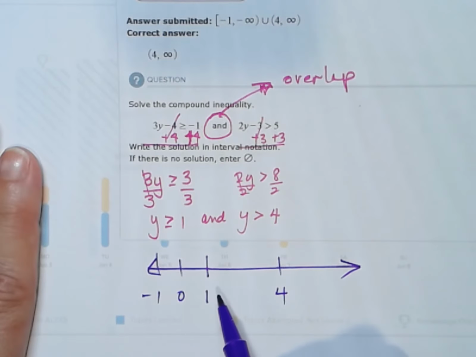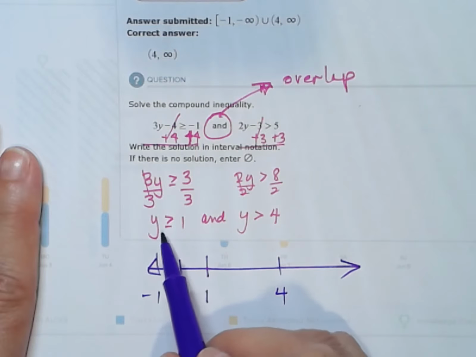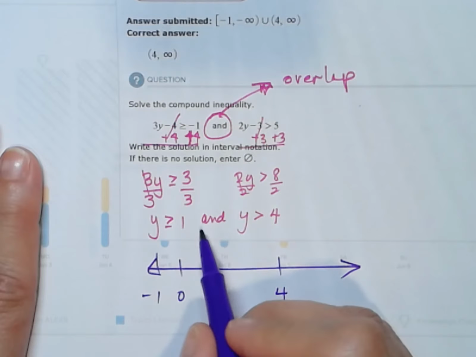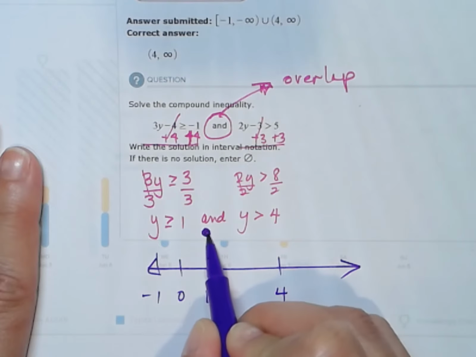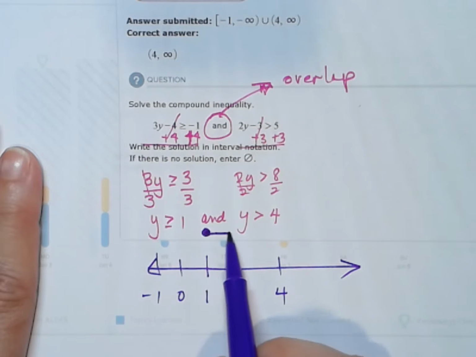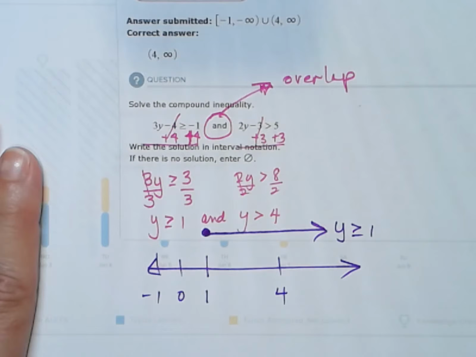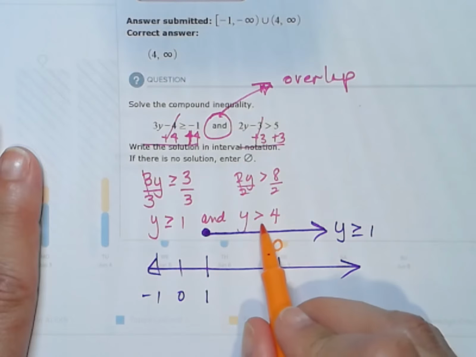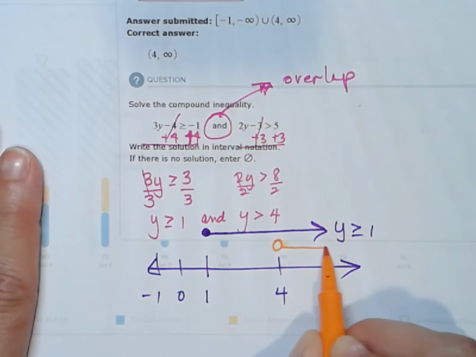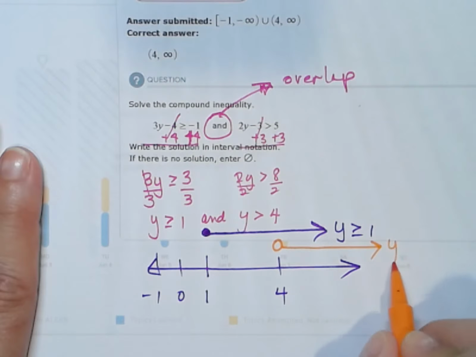And so now I'm going to show you y is greater than or equal to 1. So that would be a solid on the 1, and all the numbers bigger than 1 go this way. So here is y is greater than or equal to 1. And then y is greater than 4. That would be an open circle because there's not the equal to symbol. And all the numbers bigger go this way. So there's y is greater than 4.